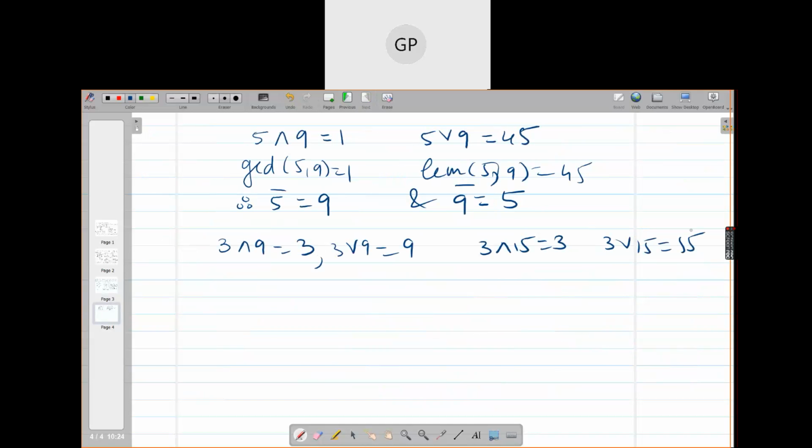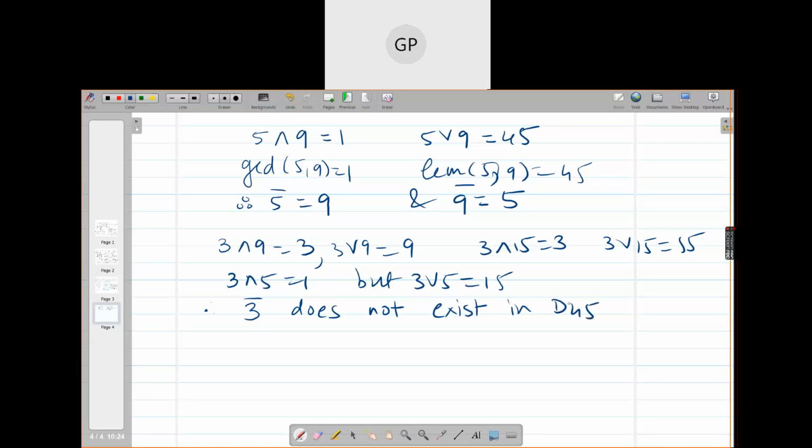And with 5 also, 3 meet 5 is 1, but 3 join 5 is 15. Therefore, 3 bar does not exist. There is no element in D45 for 3. Do you understand this?